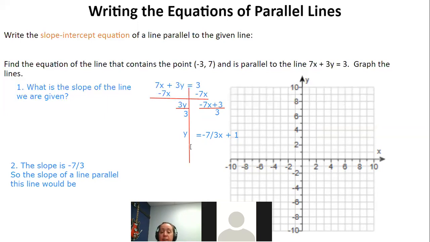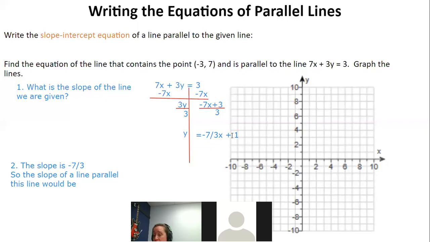If we have this equation, that's what we're given, what would the slope be of a line parallel to that one? Yeah, it would have to be the same slope.